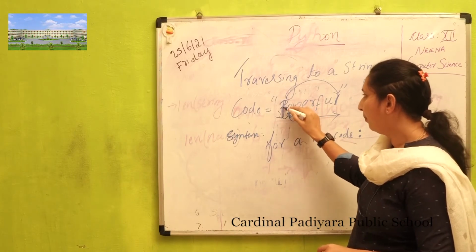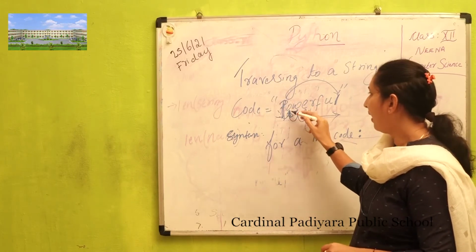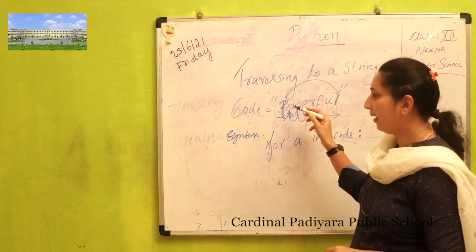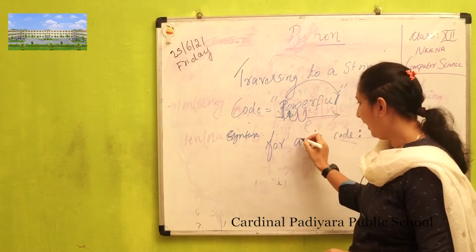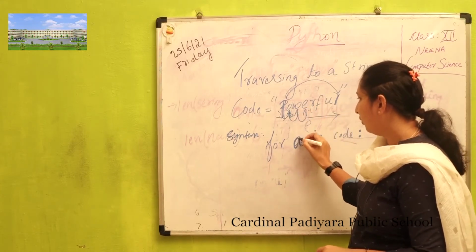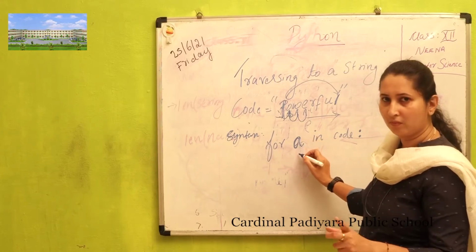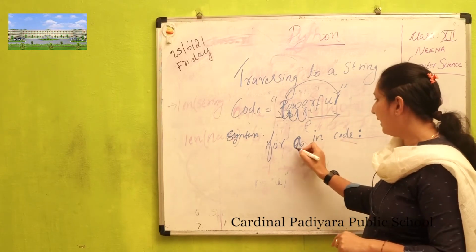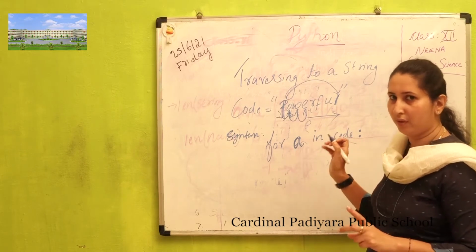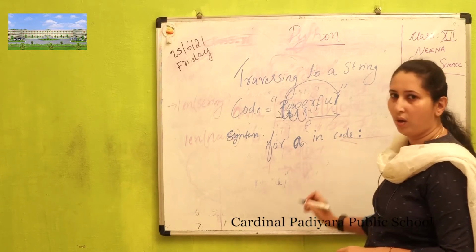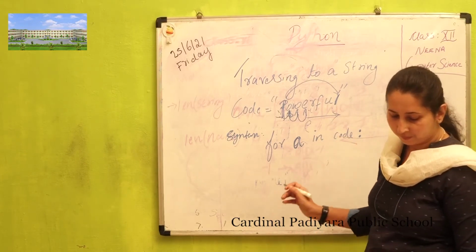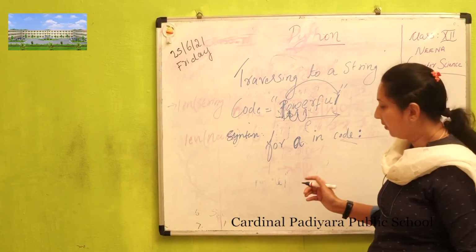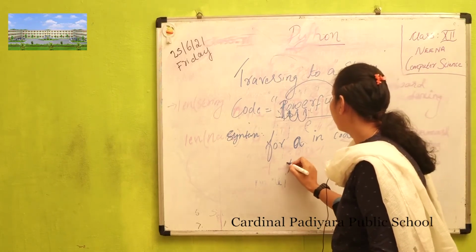First you travel P, then O, then W, up to L. A is your variable traveling from one element to another. For A in chord, what do we have to do?